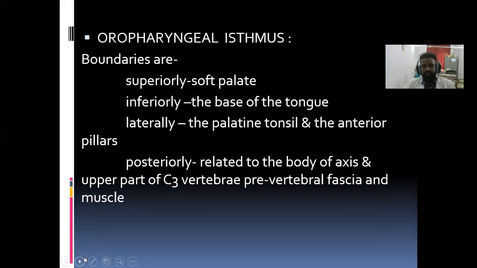The boundaries are superiorly the soft palate, inferiorly the base of the tongue, laterally the palatine tonsil and the anterior pillars, and posteriorly related to the body axis and the upper part of the C3 vertebra, that is the prevertebral fascia as well as the muscle. So that is the oropharyngeal isthmus.